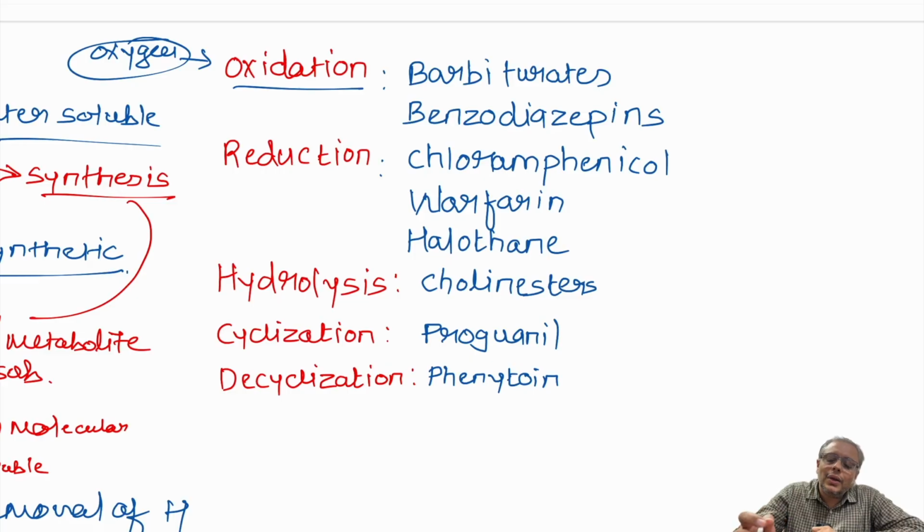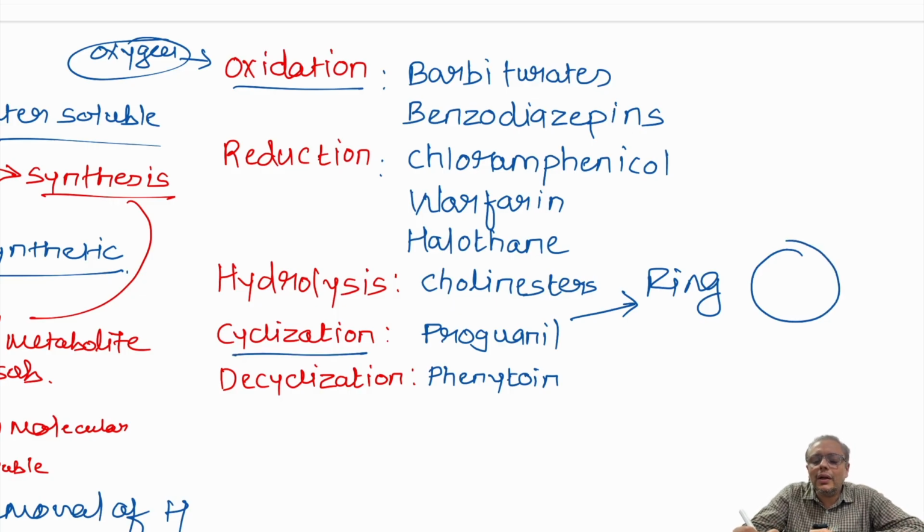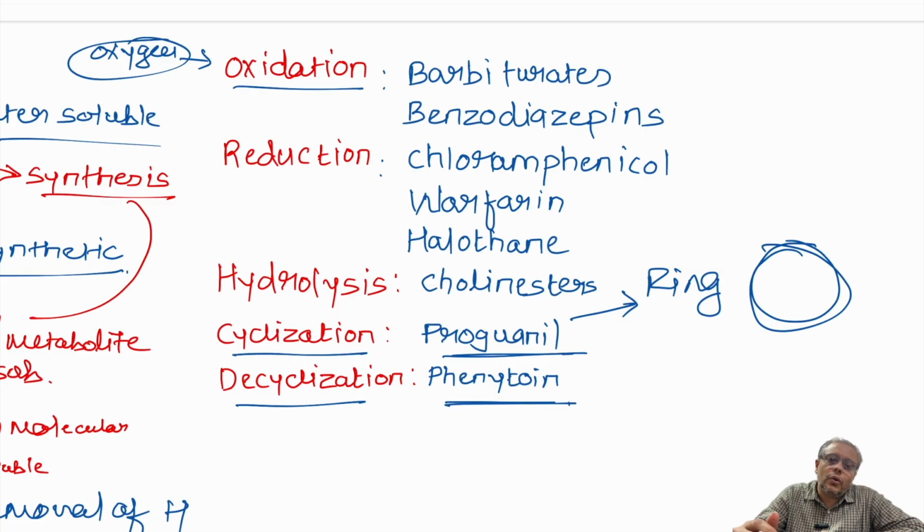If there is a formation of the ring structure, so there is a formation of the cycle, that's why it is called cyclization. That is seen with an antimalarial agent proguanil. And if the compound is already in the cyclic structure and you open it, that is called decyclization, that is seen with phenytoin. So this is all about the phase 1 biotransformation reaction. In the next video, we will discuss phase 2 biotransformation reaction.